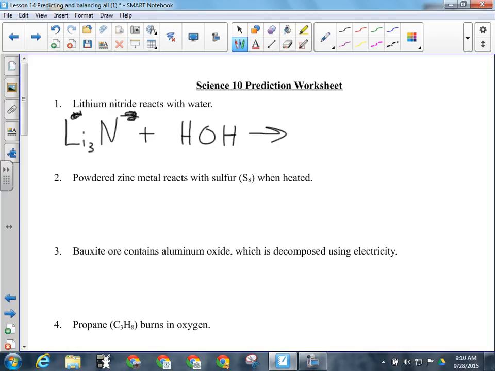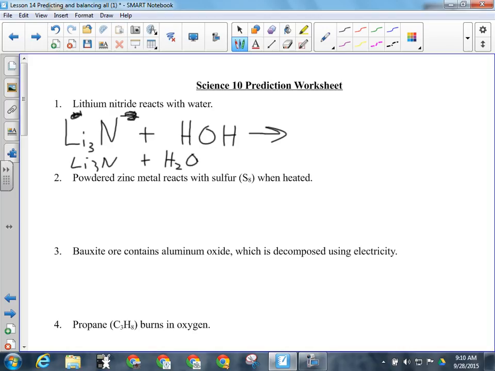Now, were you to write the reaction as Li3N reacts with water, and you wrote it this way, you would get different products. And if you did it that way, technically, either way would be correct. I'll go over both, but I couldn't mark you wrong if you followed the steps on how to predict. Because in reality, both happen when you mix these two things together.